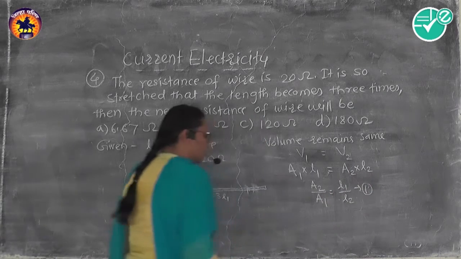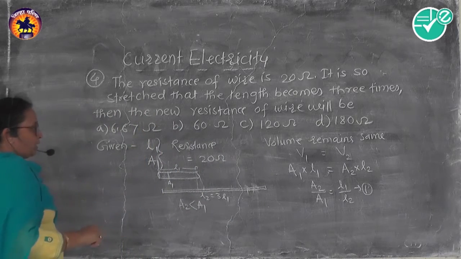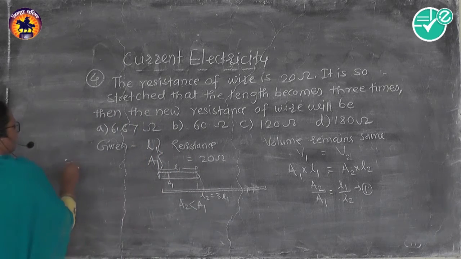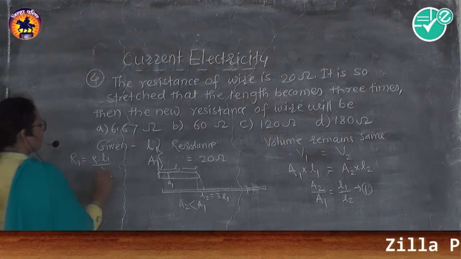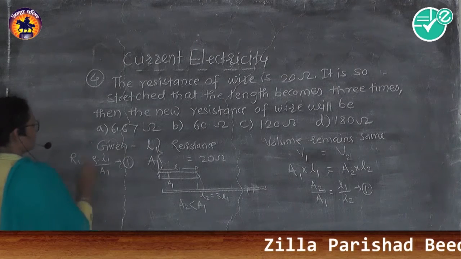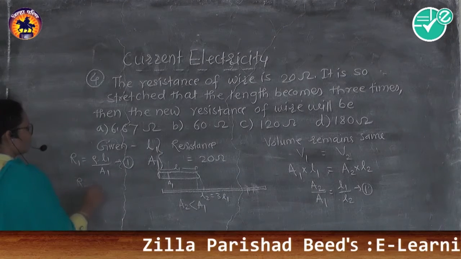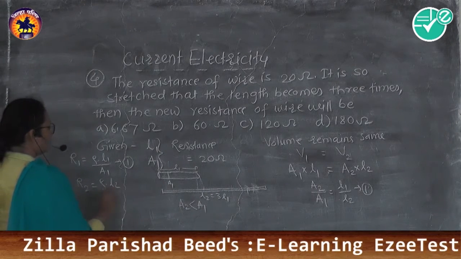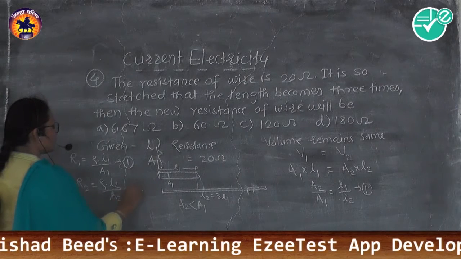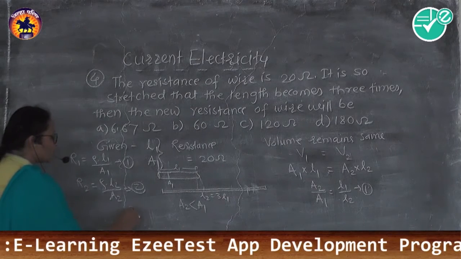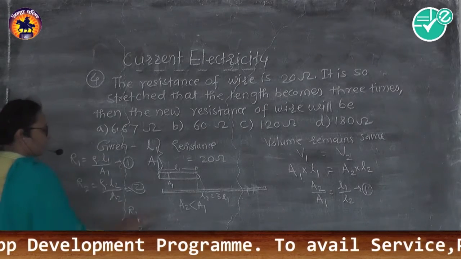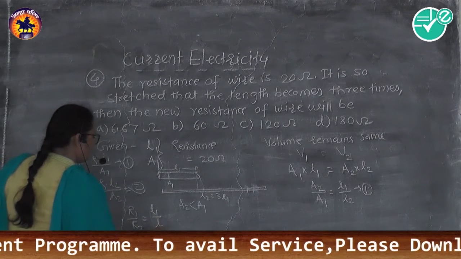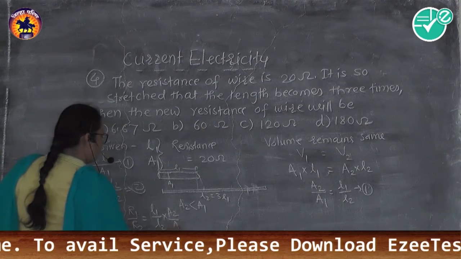We have to remember this relation, and this relation is used in relation for ratio of two resistances, that is R1 is equal to rho into L1 upon A1 before stretching, and after stretching, that is rho L2 upon A2. So this is equation 2, and if we take ratio as usual, R1 upon R2 is equal to, here rho gets cancelled, and finally L1 upon L2 into A2 by A1.